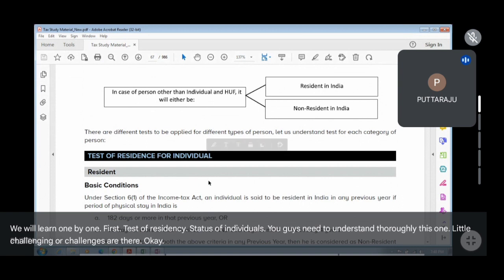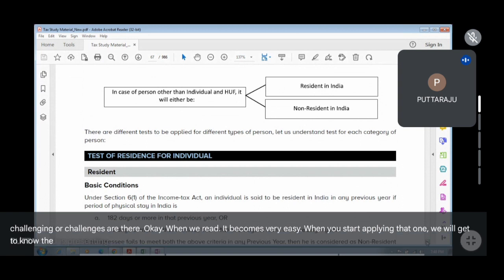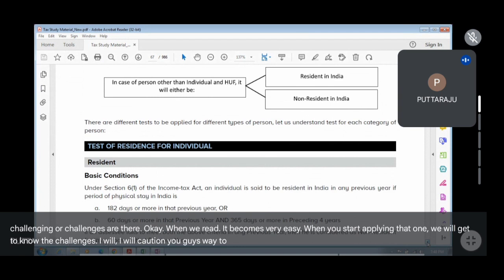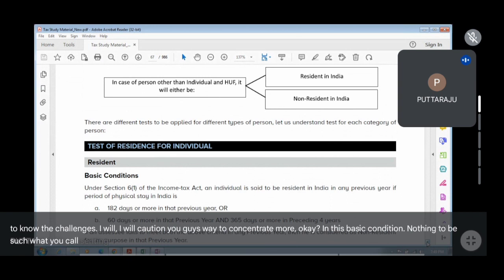When we read, it becomes very easy; when you start applying it, we will get to know the challenges. I will caution you where to concentrate more. In this basic condition you are not going to face such serious challenges, but you have to understand thoroughly.